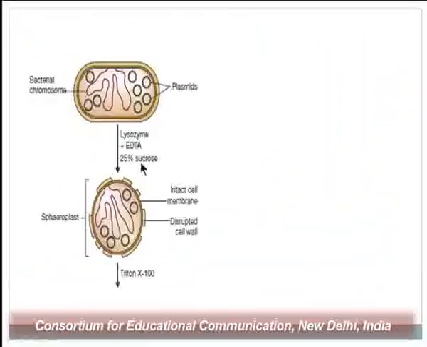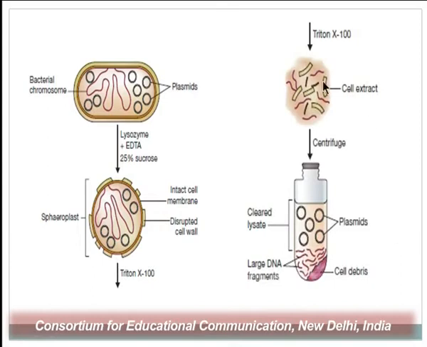So this is how, when you do a very controlled lysis, you can use certain special enzymes. In the presence of lysozyme and EDTA, if you add sucrose, the sucrose will make the cell wall labile and will tend to form such structures. And for further lysis, if you add Triton X-100, it will cause the total cell DNA to come out intact.